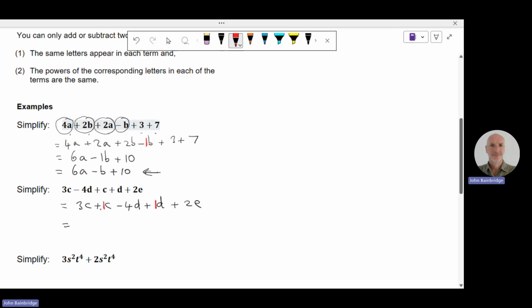So we've got 3c plus 1c is 4c. Now we've got minus 4d plus 1d, so we're doing minus 4 plus 1. Think of the number line. We're not multiplying them together. This is 0, we've got minus 4 down here, and if we add 1 we're going this way, plus 1. So that takes us to minus 3. So this is minus 3d plus 2e.